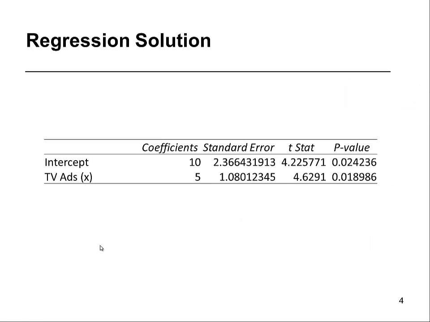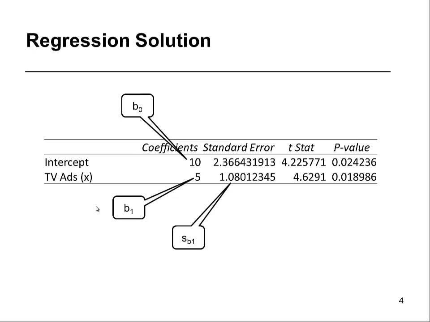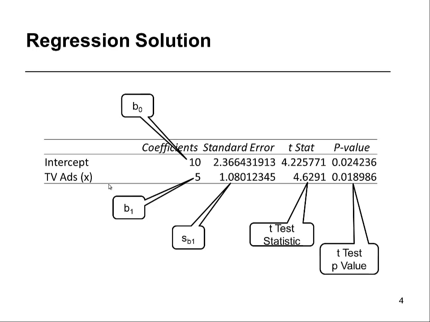Down below at the bottom of the solution we have the coefficients. We have the intercept, the beta 0 coefficient. We have the slope, the beta 1 coefficient. Then we have the standard error of the beta 1 coefficient, the standard error of the slope. Then we have the t-test statistic for beta 1. And finally we have the t-test p-value right here.